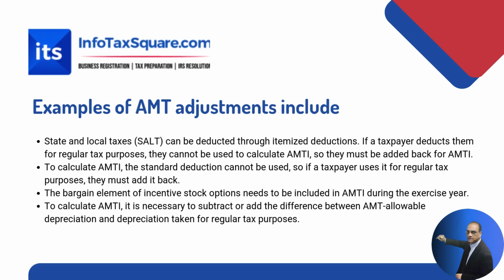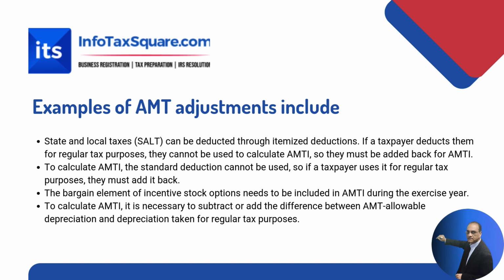Some examples of AMT adjustments include: number one, state and local taxes, also known as SALT, which can be deducted through itemized deductions. If a taxpayer deducts them for regular tax purposes, they cannot be used to calculate AMTI, so they must be added back for AMTI. Number two, to calculate AMTI, the standard deduction cannot be used, so if a taxpayer uses it for regular tax purposes, they must add it back.